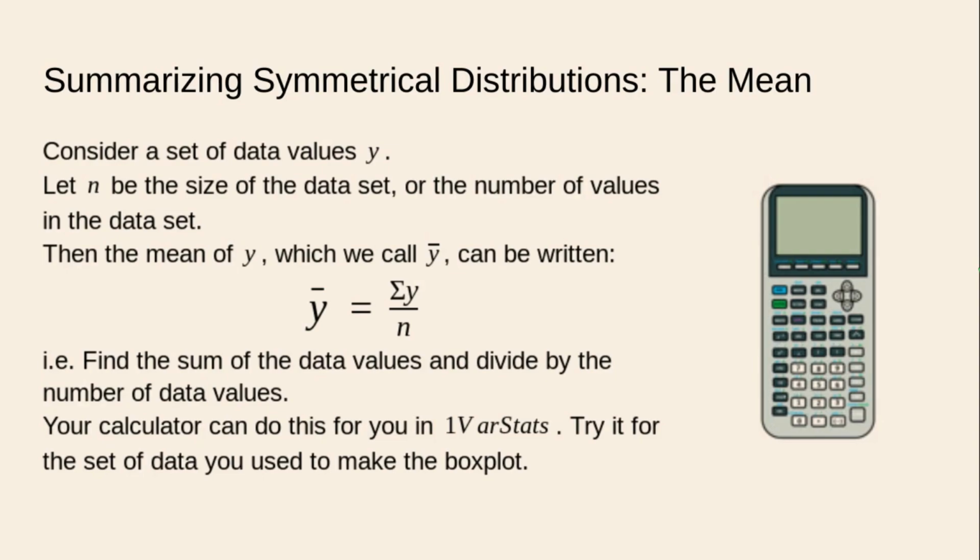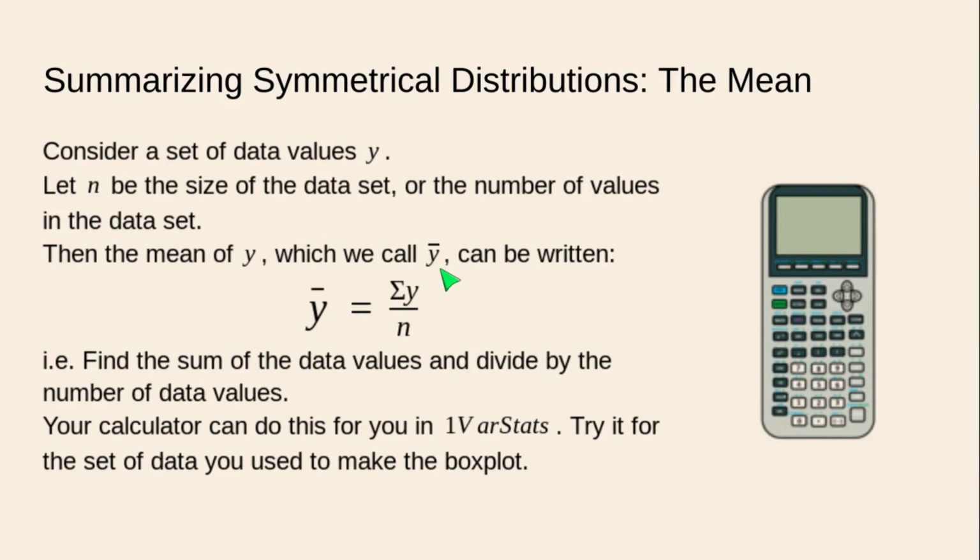All right, so let's talk about the mean. We're going to consider a set of data values, and we're going to call this whole set of numbers y. We're going to let n be the size of the data set, or the number of values in the data set. So the set is called y, and it has n values in it. Then the mean of y is called y bar.